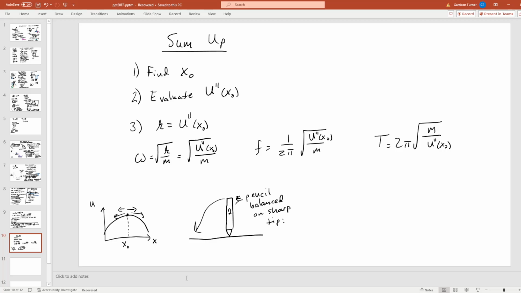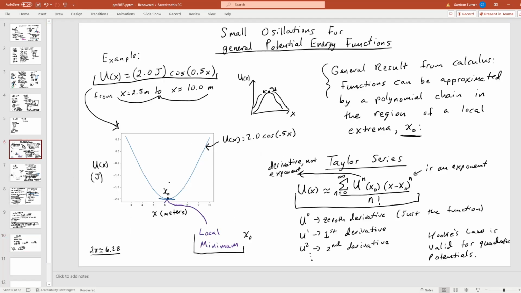So this is why you need stable equilibria to have oscillations. If you have an unstable equilibrium and you slightly disturb that system, it will run away from the equilibrium point, not toward it. So in the words of calculus, you need to have a concave up potential energy function.